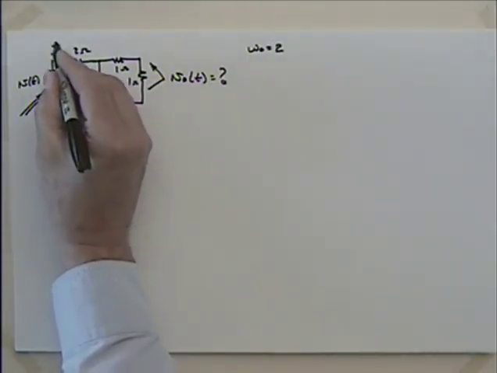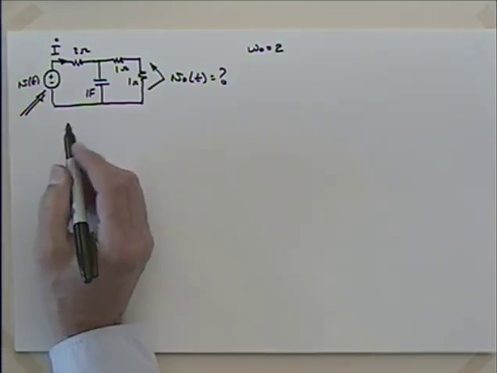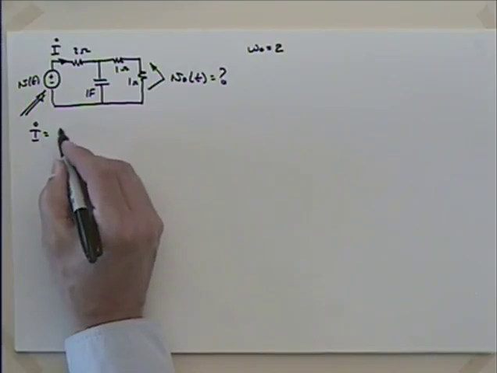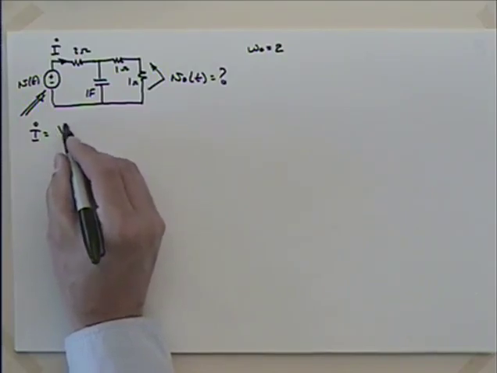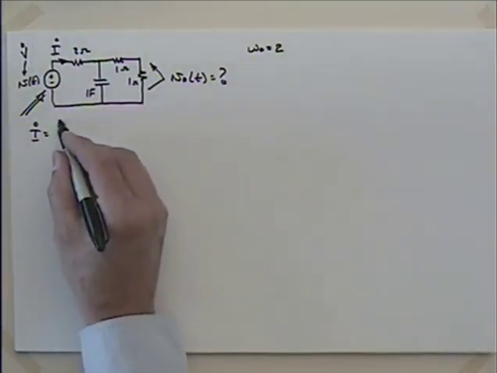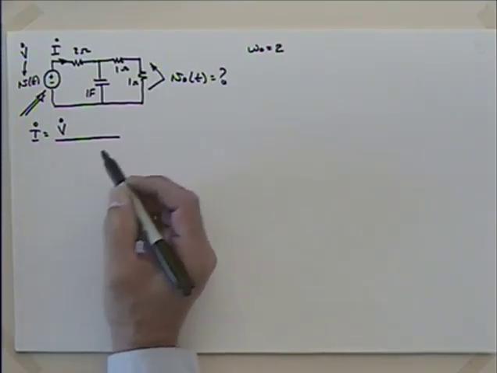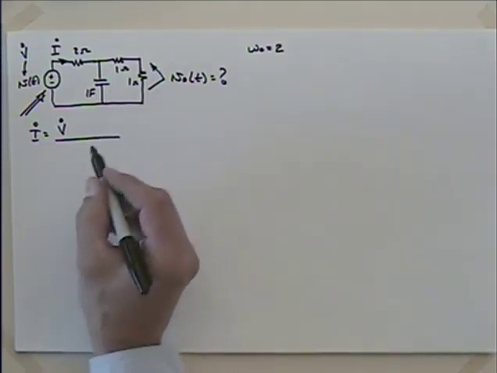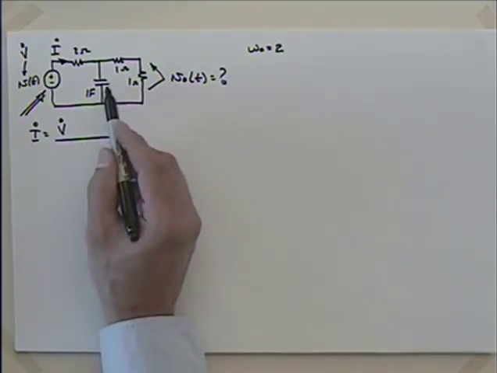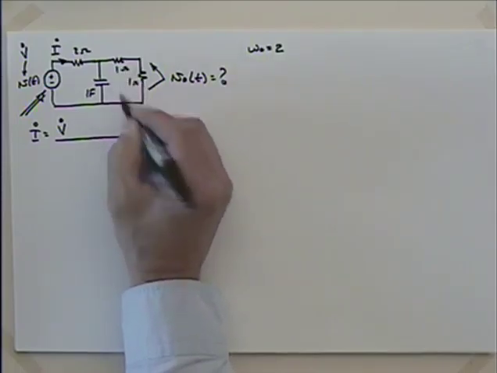If I talk about the current I, I is going to be equal to what? The voltage V. So if I change this in phasor form, I could say that that's V. And then I have to divide by the total impedance. And I have a parallel branch here that's going to be what? Product over sum. So let's see, this parallel branch I have 2 ohms there.